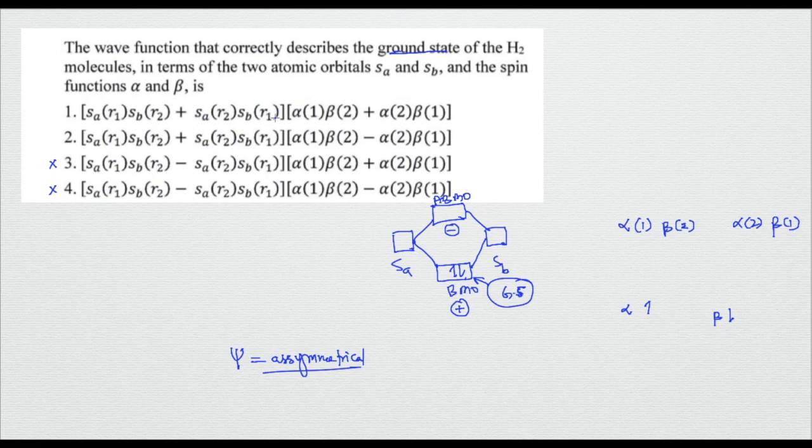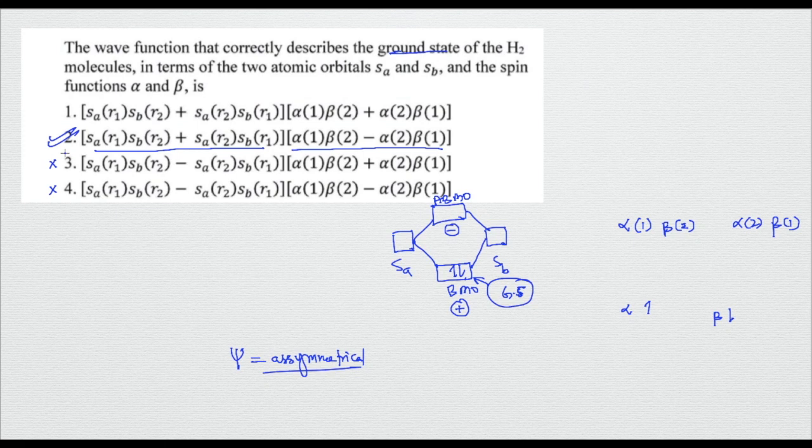So the other part has to be asymmetrical, and for that there has to be a negative sign. So the spin part has a negative sign, so that one part becomes asymmetrical and the other symmetrical, so that the overall wave function becomes asymmetrical. In that case, you can simply say that option number 2 is the correct option. You don't even have to solve this question, okay?